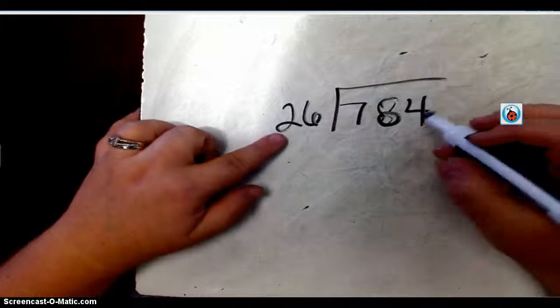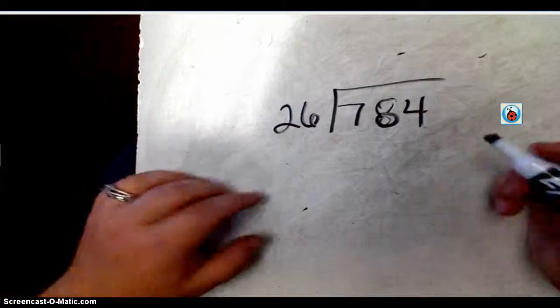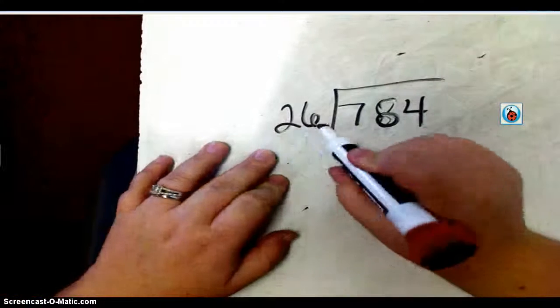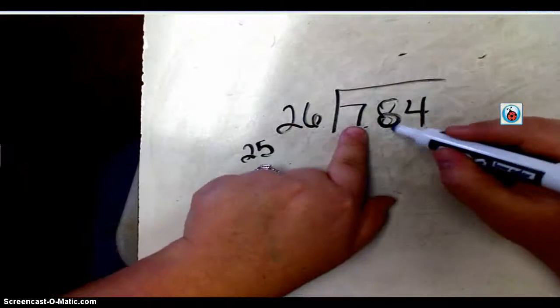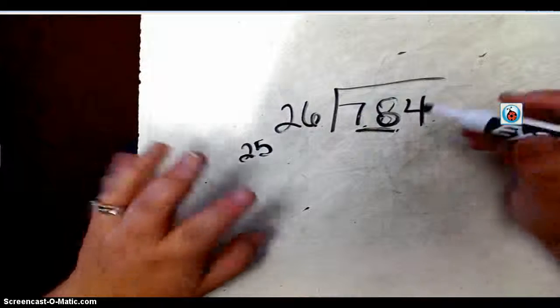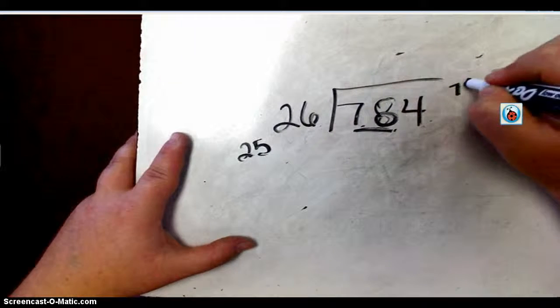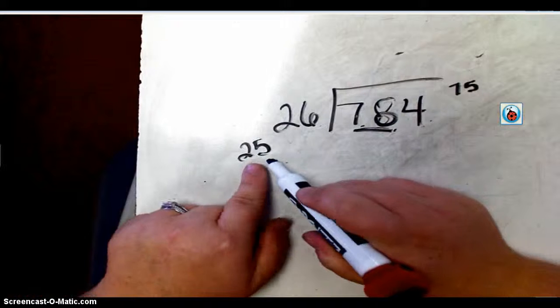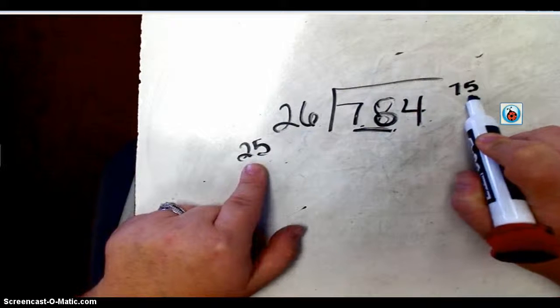Alright, I'm going to do this one using compatible numbers, or estimating my numbers a little bit. If I think about 26, that's really close to 25. And if I think about 780, if I look at those first two digits, 78 is really close to 75. And I'm just going to make notes to myself out here to the side. I know that 25 goes into 75 3 times.